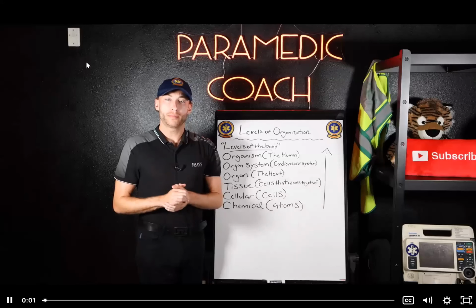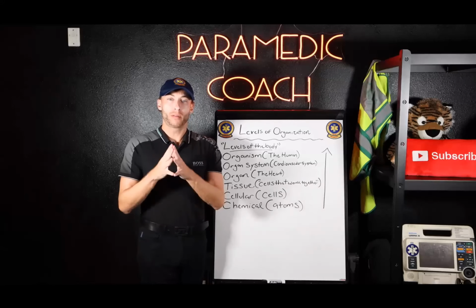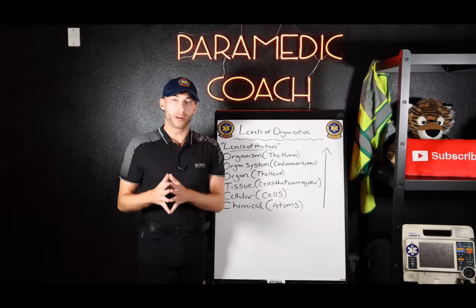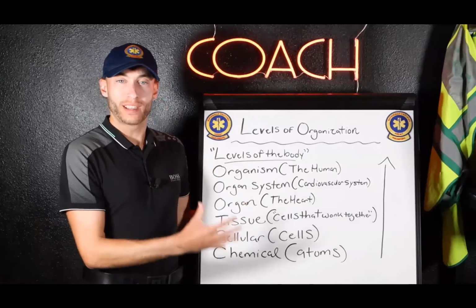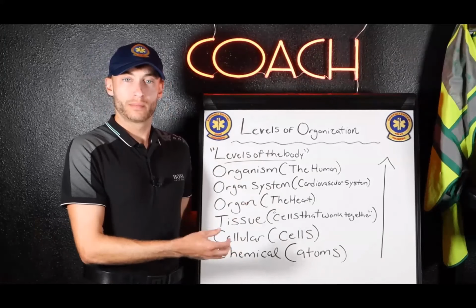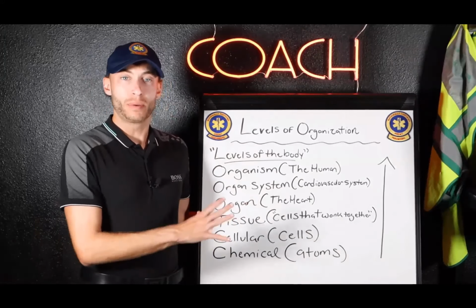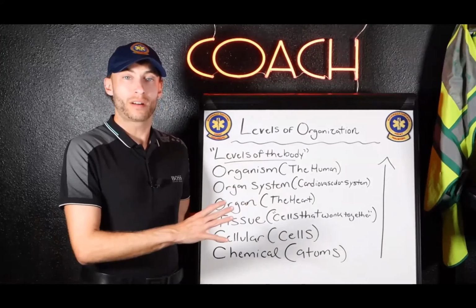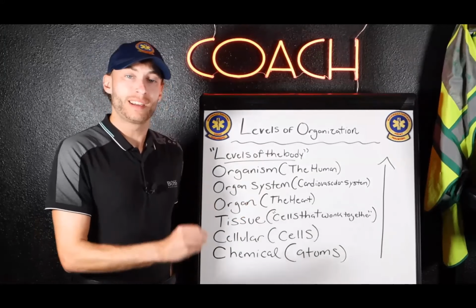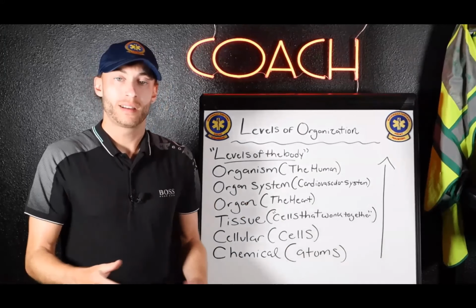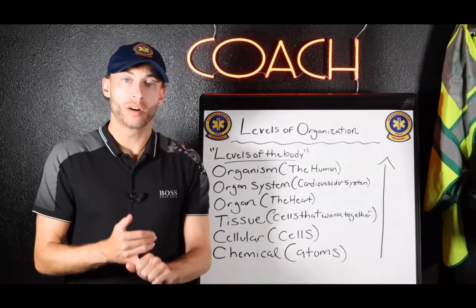This video right here may be the most important video I make about anatomy and physiology. Why? The levels of organization that I'm going to share with you right here take you through the entire A&P course. The most simple way I can tell you what it is, is the levels of the body.